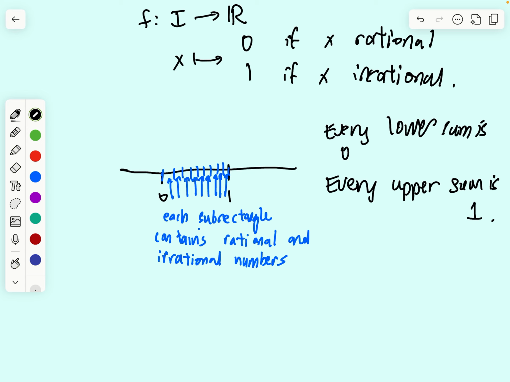So since every lower sum is 0 and every upper sum is 1, we see that this function is not integrable, at least over the closed interval I.